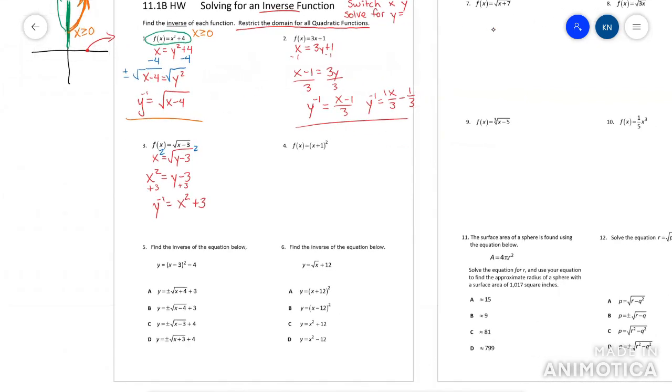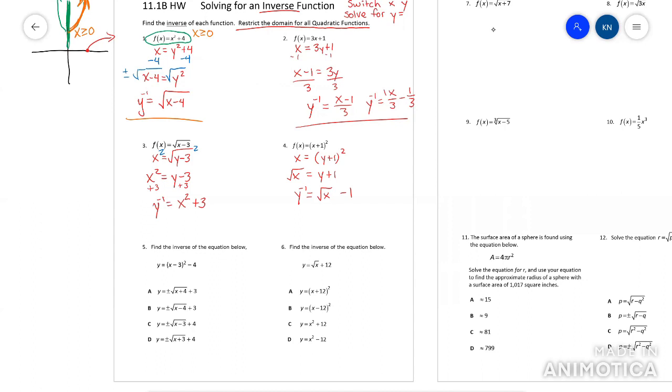Okay, this next one. Switch x and y. Square root it. Subtract 1. Now be careful that when you subtract this 1, it does not go inside that root. It's outside the root, like this.